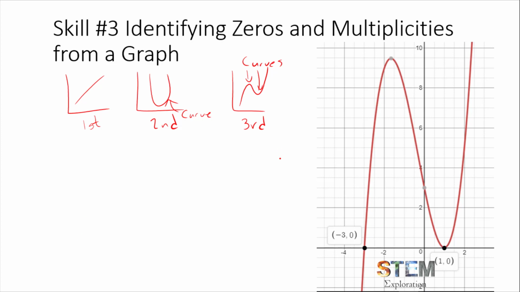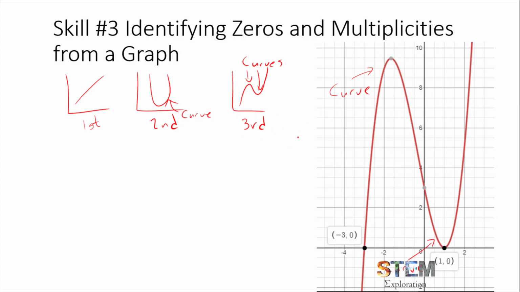And so when we look at something, we can actually say, hey, I see this is relatively symmetrical. So I'm going to say that this is a curve. And this looks relatively symmetrical. So this is also a curve. And since I see 2 main curves, and that's all we see, then I'm going to assume that this is a third degree polynomial.